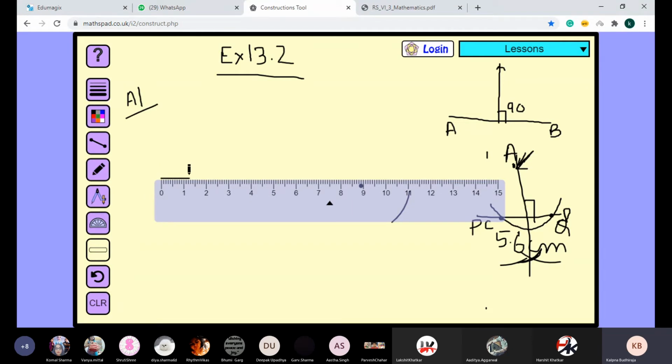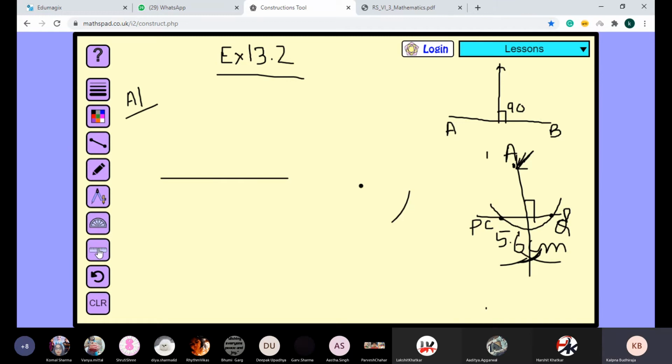This is point P, this is point Q, and we will label it 5.6 later on.